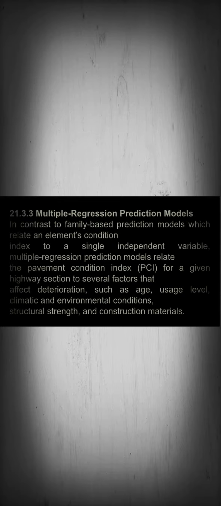Multiple regression prediction models, in contrast to family-based prediction models which relate an element's condition index to a single independent variable, relate the pavement condition index, or PSI, for a given highway section to several factors that affect deterioration, such as age, usage level, climate and environmental conditions, structural strength, and construction materials.